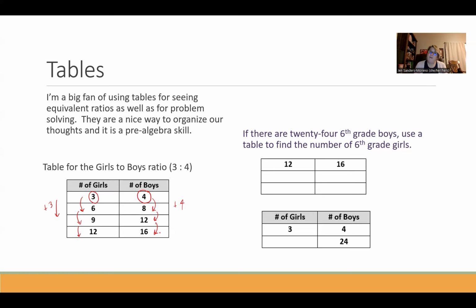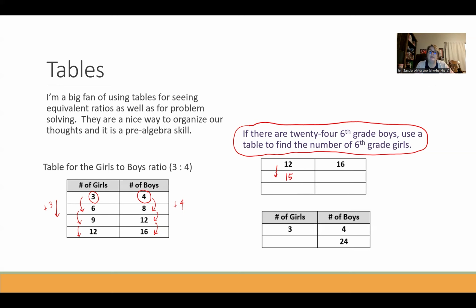Now, if we wanted to solve the previous question that we had about our 6th graders, where it said if there are 24 6th grade boys, use a table to find the number of 6th grade girls, there's 2 ways to do this. One way is basically to exhaust the whole table. You just sit and keep writing that table. So here we got 12 to 16. We'd want to go ahead and carry it through. 15.